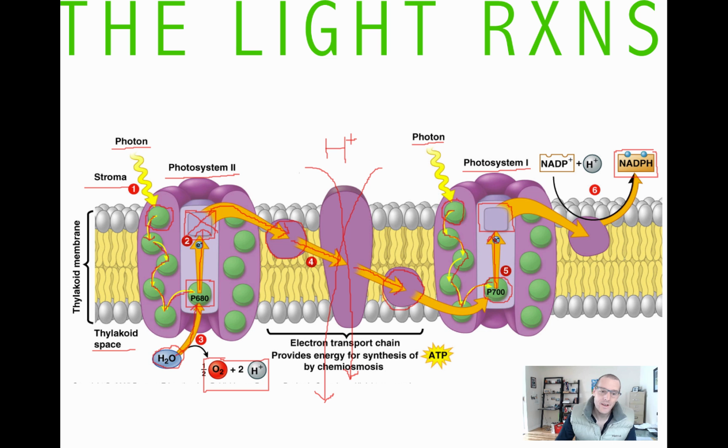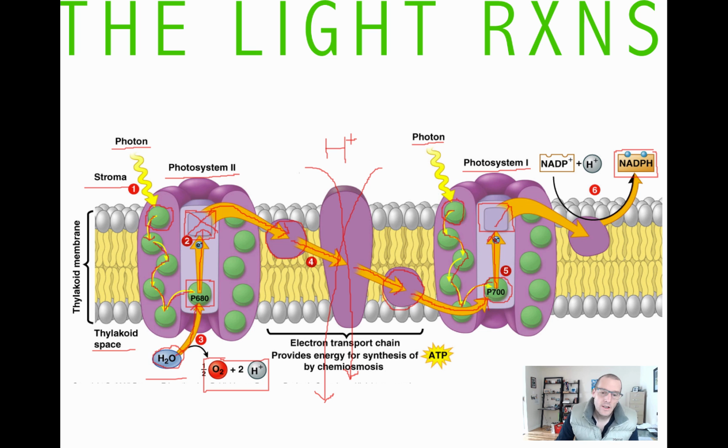So the mechanism of exciting the electrons is the same in photosystem 2 and photosystem 1. The main difference that you've got to pay attention to here is the source of electrons. In photosystem 2, the electrons come in from water. But in photosystem 1, the electrons are coming in as low energy electrons from the electron transport chain, ultimately from photosystem 2.